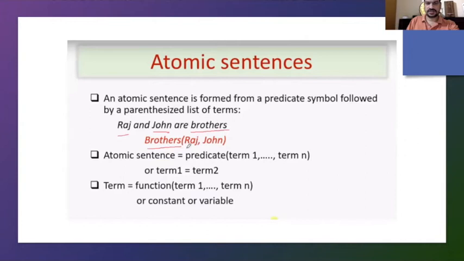Those two are subjects, and we write the subjects inside the brackets. We write the predicate and then the terms, as we have just written. Or we can write term 1 equal to term 2. In that way also we can write it down. A term is nothing but a function of term 1, term 2, or a constant or a variable. So these terms could be either a constant, which means some name, or a variable.